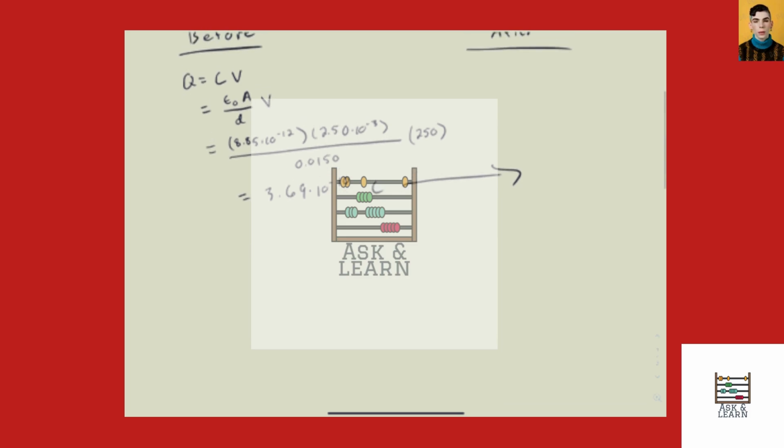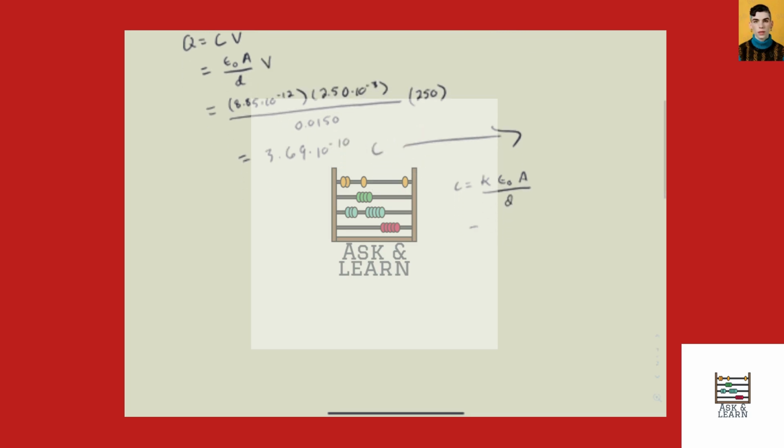So the capacitance is going to be kappa, which is for water, times epsilon naught times A over D, which is kappa for water is 80 times 8.85 times 10 to the minus 12 times 2.5 times 10 to the minus 3 and divide by the distance.